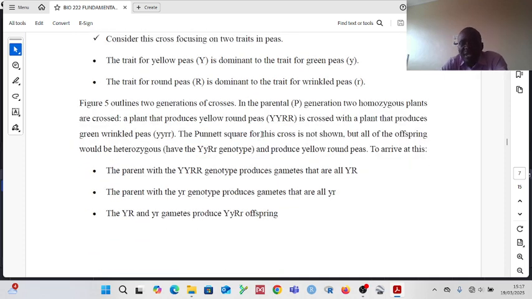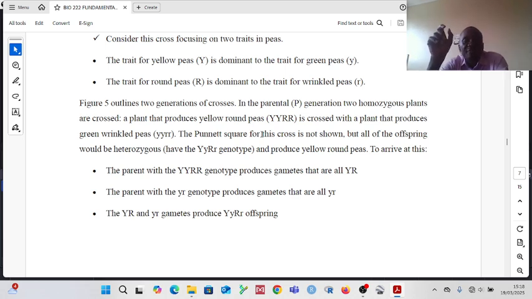Basically, that is what we are looking at. So we'll have that properly outlined in figure 5, where we'll have two generations of crosses. There is a parental generation, where two homozygous plants are being crossed. So a plant that produces yellow and round peas is, in this case, homozygous.